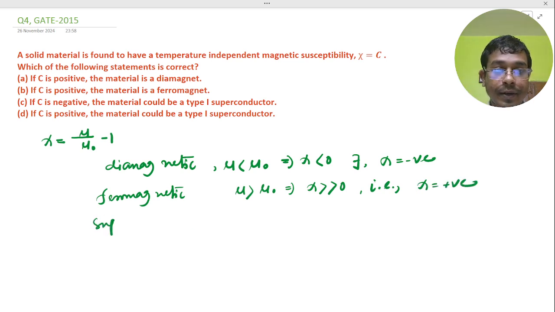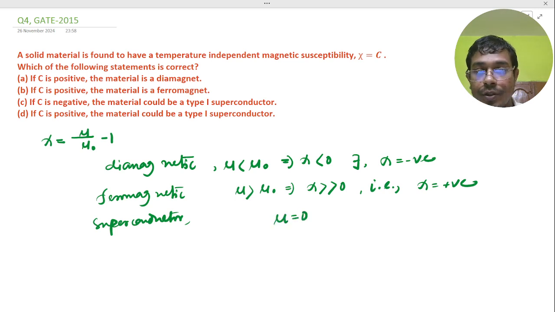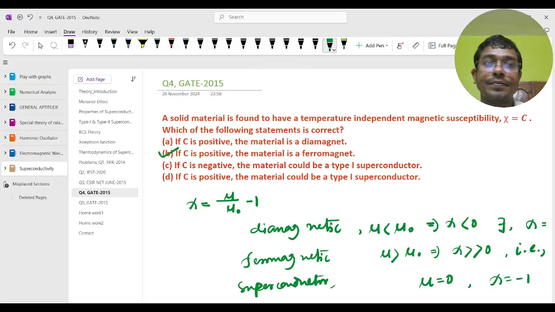And for superconductor, mu should be 0 and chi should be minus 1. So basically option B, where C positive, the material is ferromagnetic, this would be our correct answer.